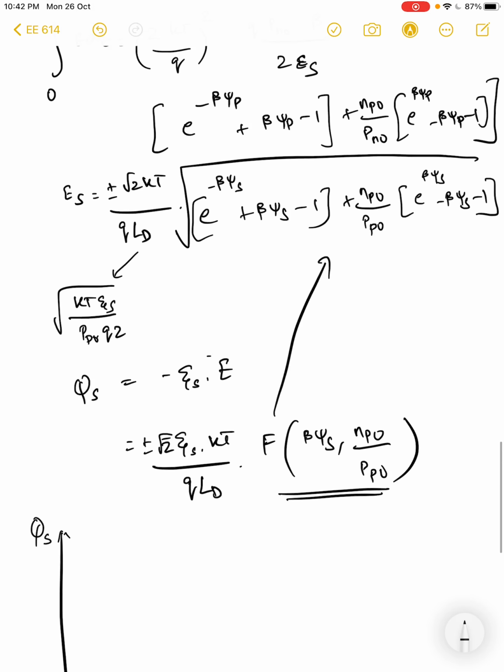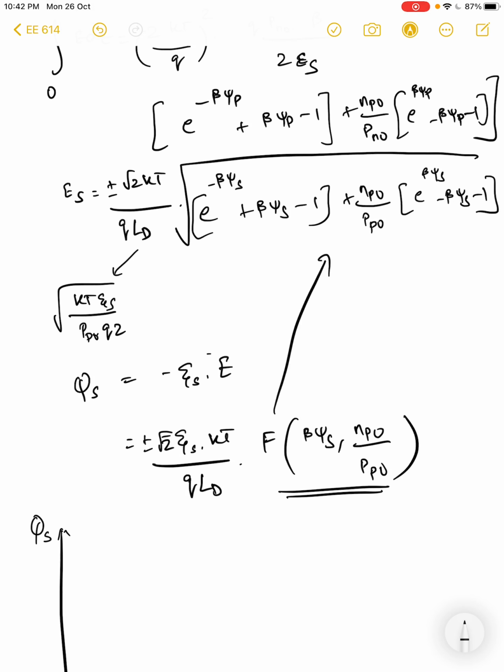If psi s is negative, you can see that the first term of this function will dominate, right? Because psi s being negative, e power minus beta psi s will be a positive and a large number, and this will dominate all the terms. The second term is a small value because n_p0 by p_p0, that is the electron concentration by the hole concentration, will be a very small number, so the second term will not contribute.